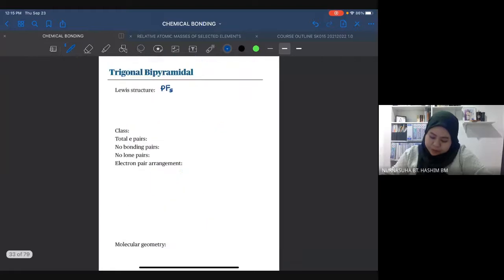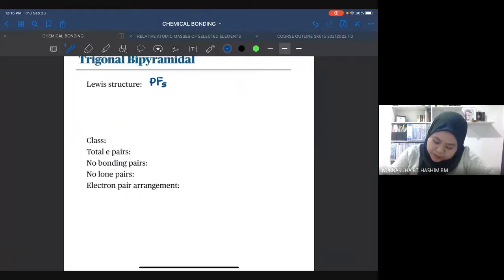Okay, last two, Trigonal Bipyramidal. So, Lewis structure for PF5 is like this. You ada 5 kan? Actually, you nak susun macam mana pun tak ada masalah.